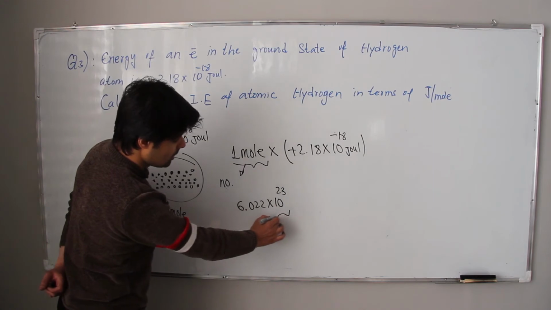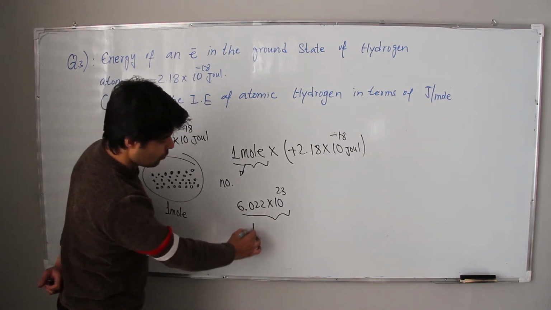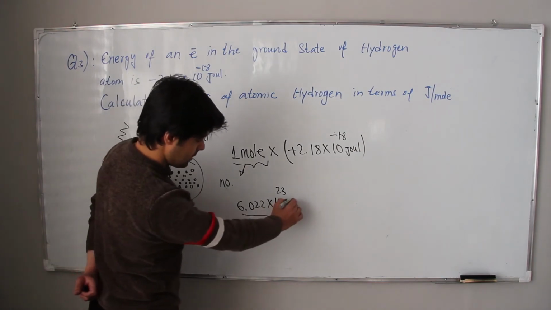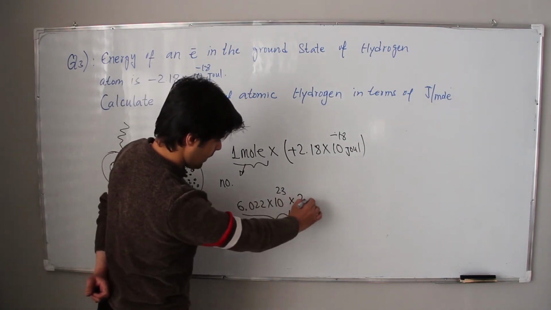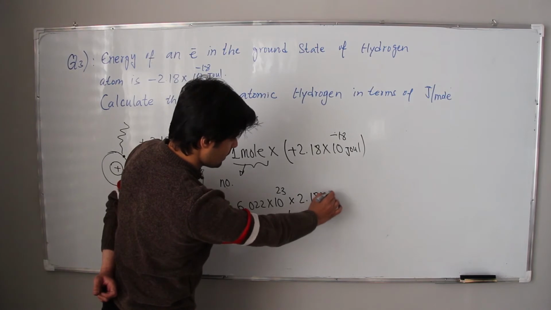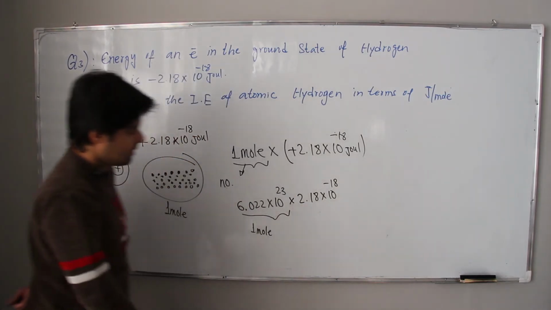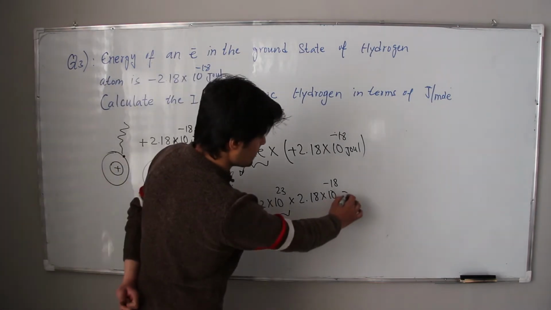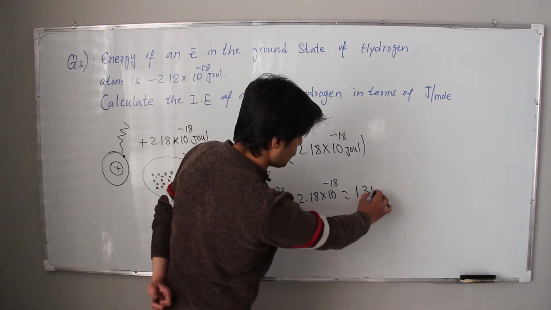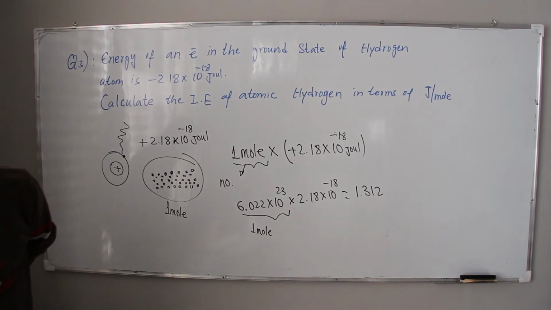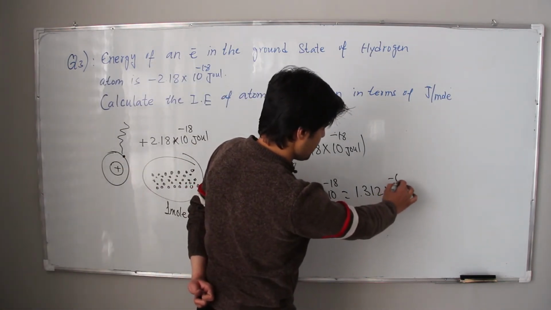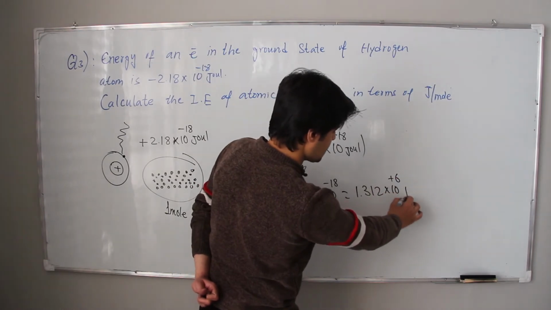This amount is called 1 mole, and I will multiply this by 2.18 times 10 to the power minus 18. If you multiply this, the answer is 1.312 times 10 to the power plus 6 joule.